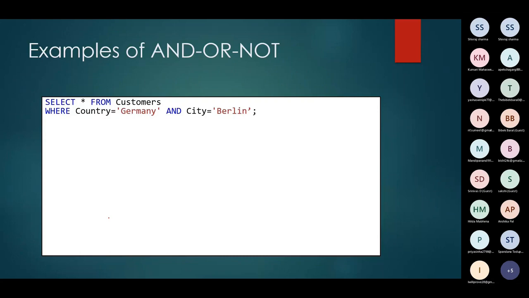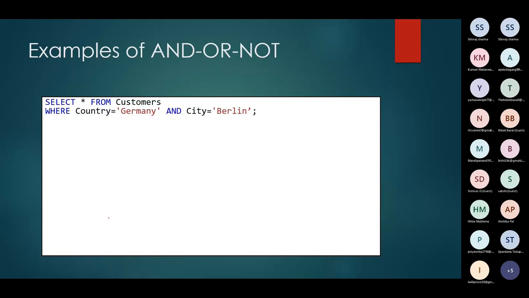What you have retrieved from the whole data, whenever both these conditions are fulfilled, the row which contains Germany as well as the city equals to Berlin, only that row will be retrieved, right?